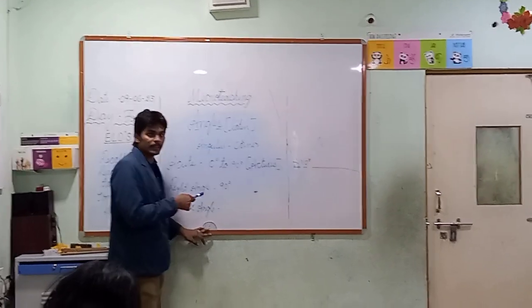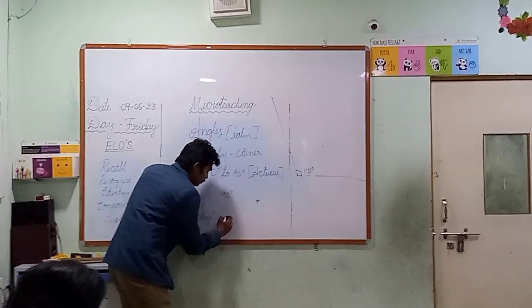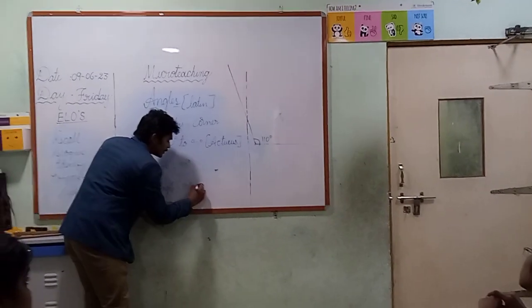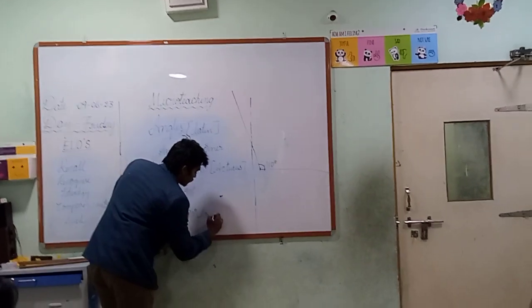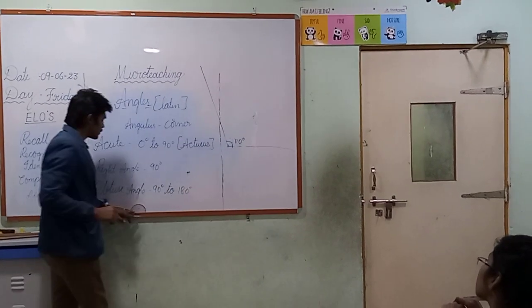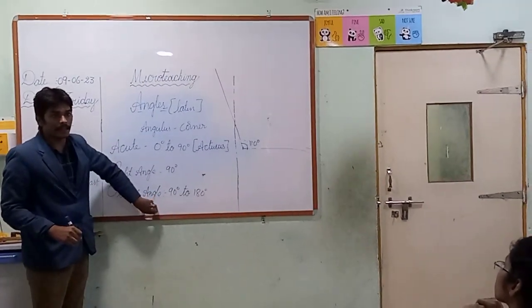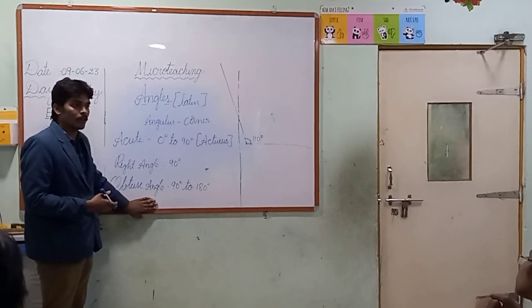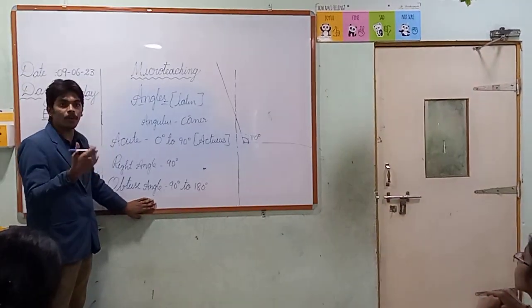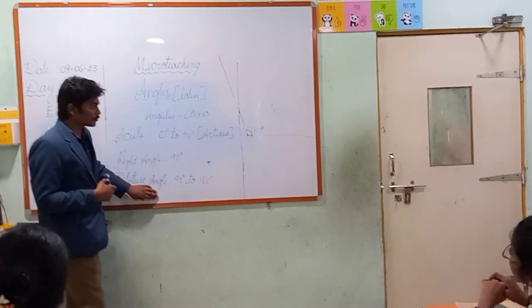So if the angle is between 90 and 180 degrees, it is called an obtuse angle. A right angle is 90, an obtuse angle is above 90 and below 180.